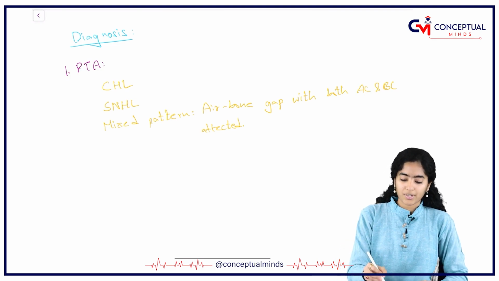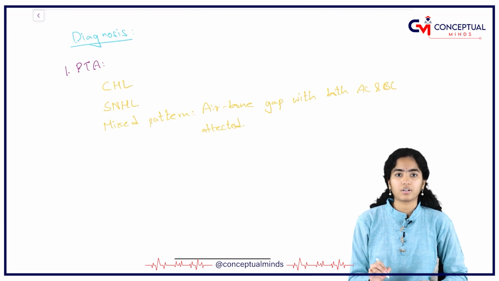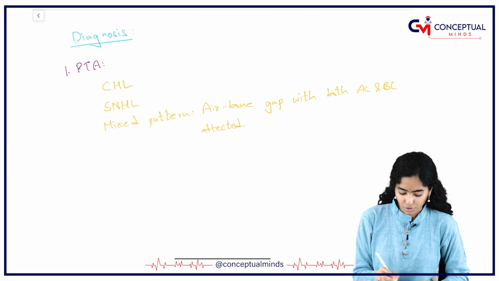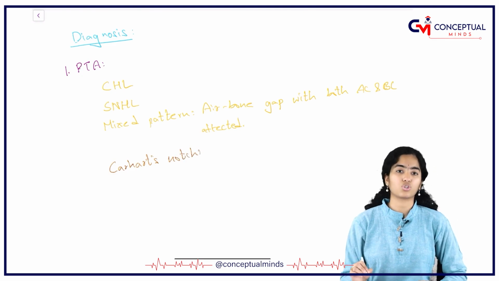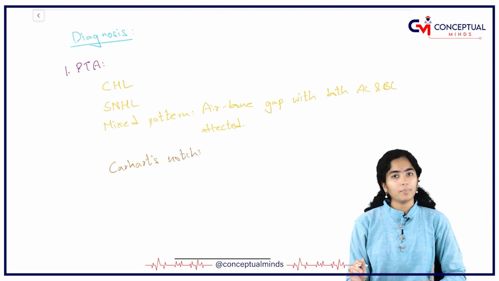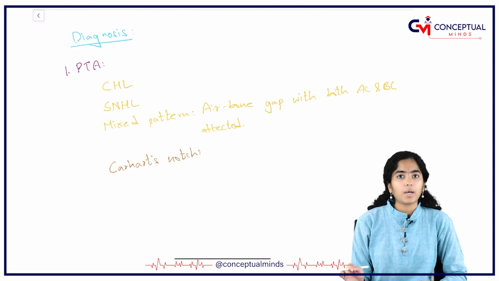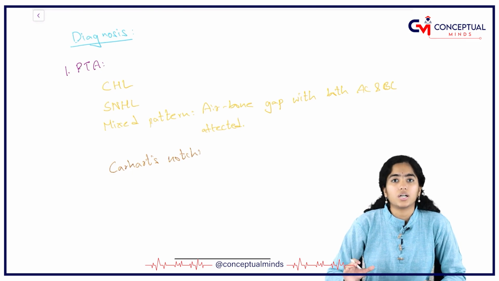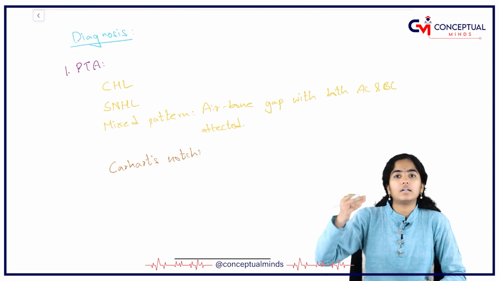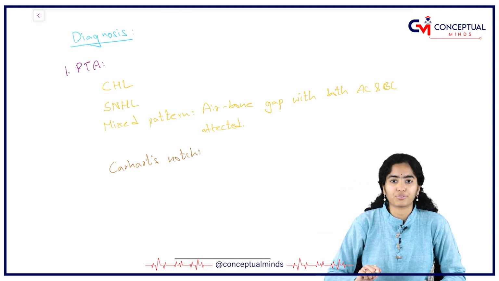There is another special feature that you observe in audiometry, and that is called Carhart's notch. What is this Carhart's notch? Normally bone conduction is normal, but if at all it is affected, at 2000 Hz frequency, you will see a dip in the audiometry graph.